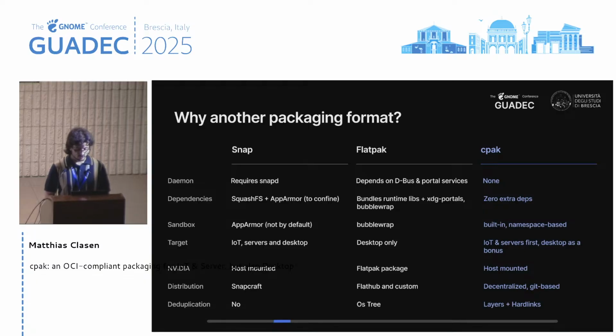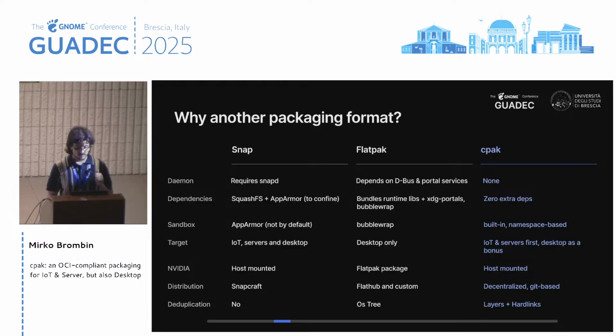About the deduplication, Snap simply doesn't deduplicate. We have a squashfs file system that is very tiny and gets decompressed on the first run. Flatpak uses OSTree, which is very similar to Git and has strong deduplication, so you don't get the same files in two Flatpaks. cpak uses two kinds of deduplication.